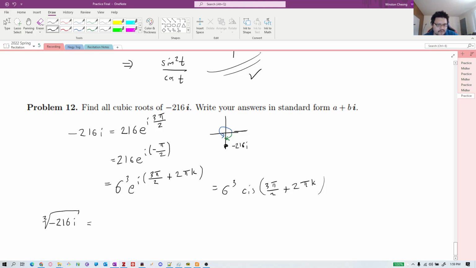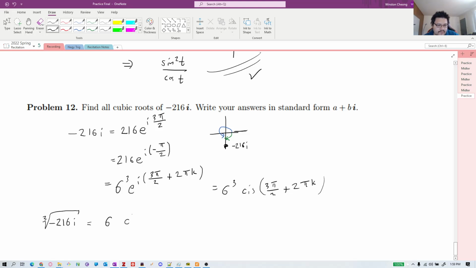The power gets applied to the root, and so you end up taking a cube root of the radius. But then something also happens to the angle. The angle gets multiplied by the power. Because the power we're using is a 1/3 power, we end up multiplying by 1/3, aka dividing the angle by 3.